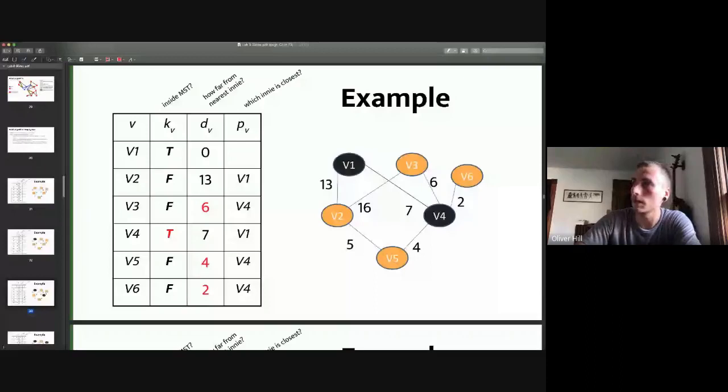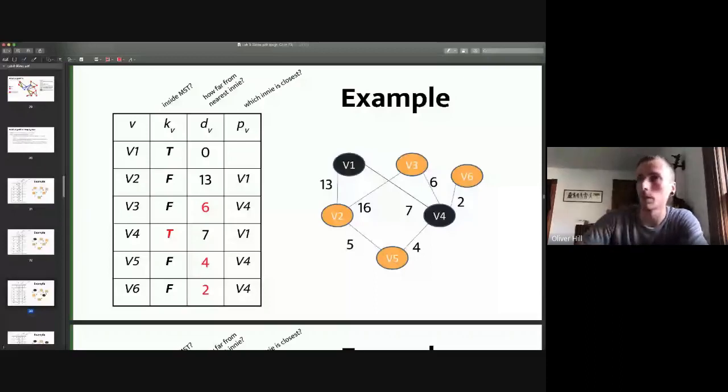All right. Okay, so what's the next step? Someone tell me. Look around v4. Yep, so we've just looked around v4. We've updated the distances to the nodes it's connected to. Ron says we're going to add v6. That is correct.